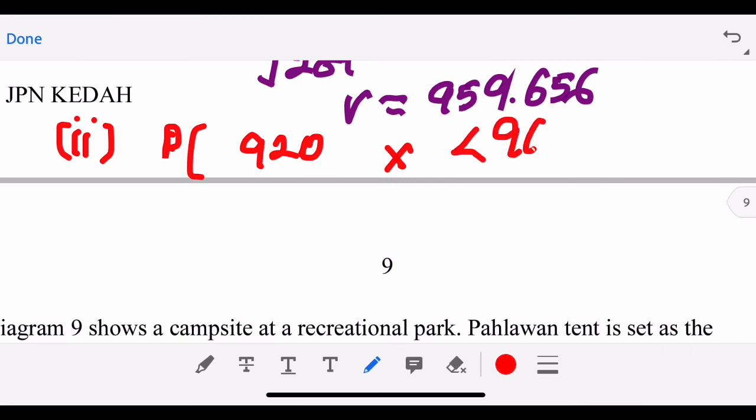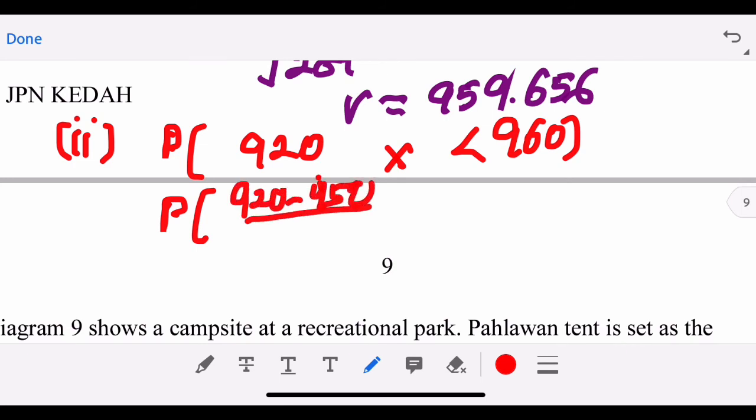Alright, so this one is find the probability for x from 920 to 960, in between. So you have to convert to z-score before you can plug into your calculator, right? Make sure you write the inequality sign properly. Okay, so for this topic, your calculator skills must be good.